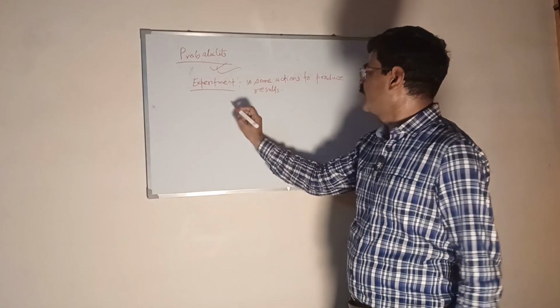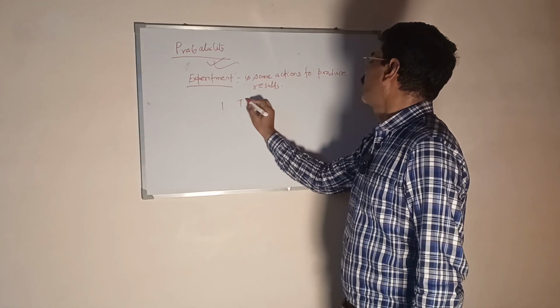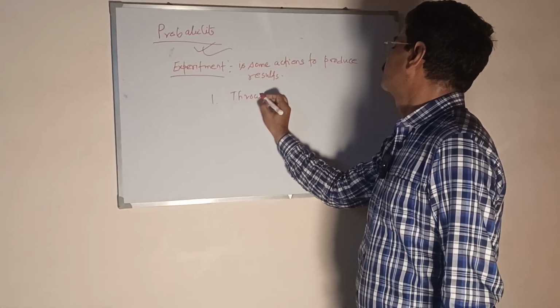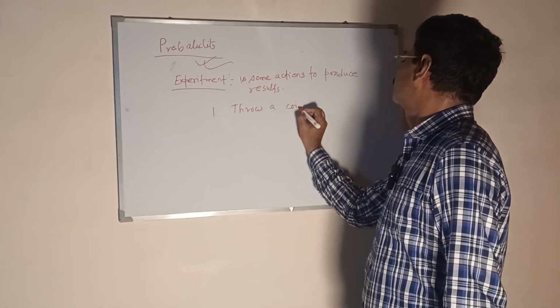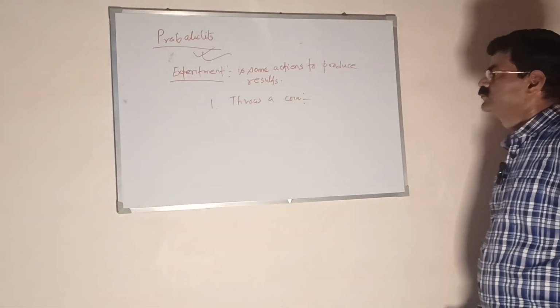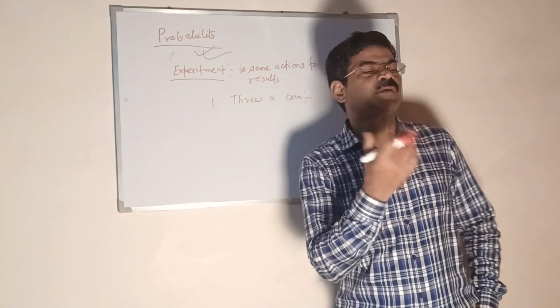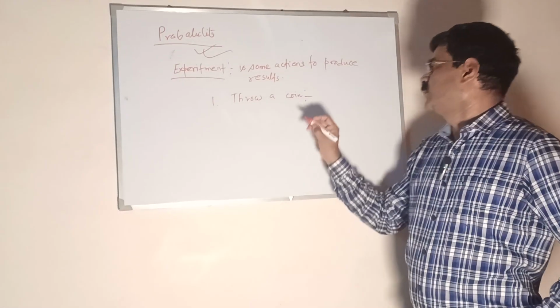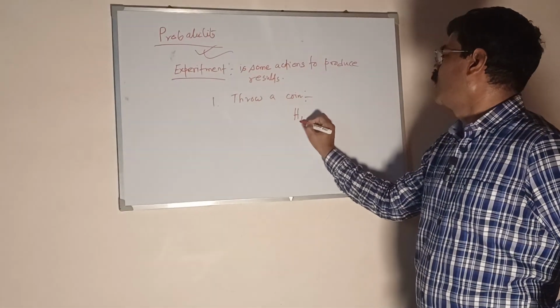What kind of actions? Say, throw a coin. If I throw a coin, the possible outcomes are two. It may be head or it may be tail.